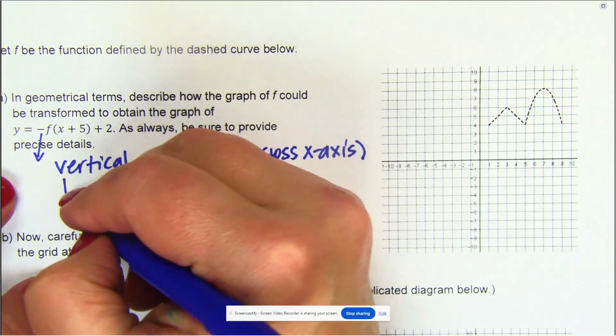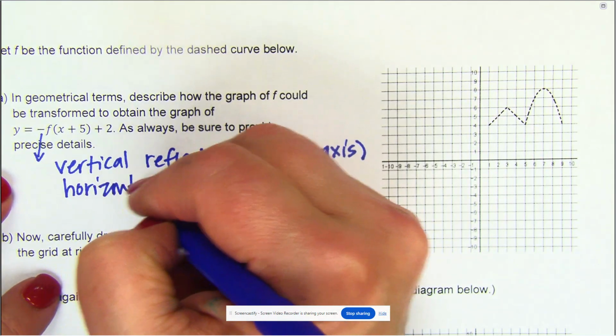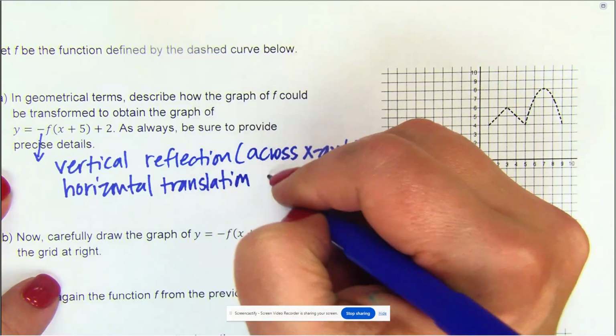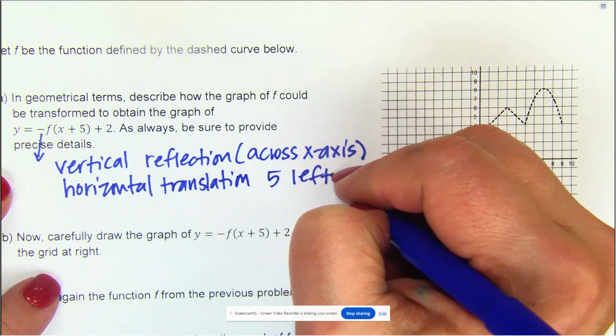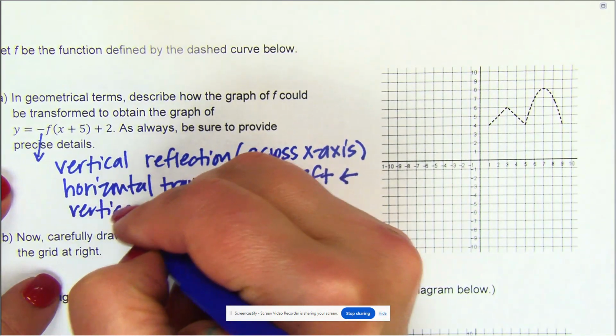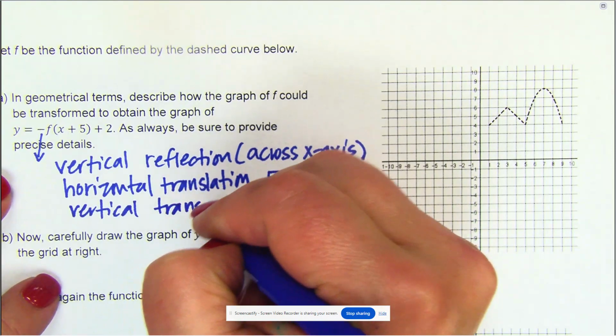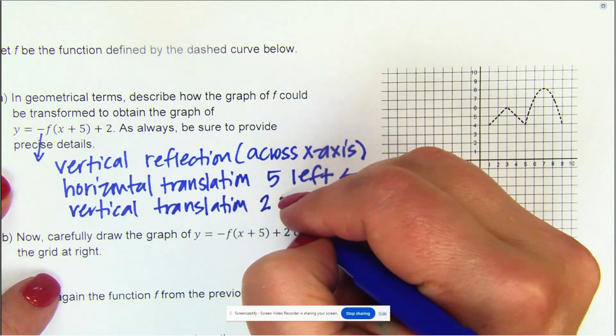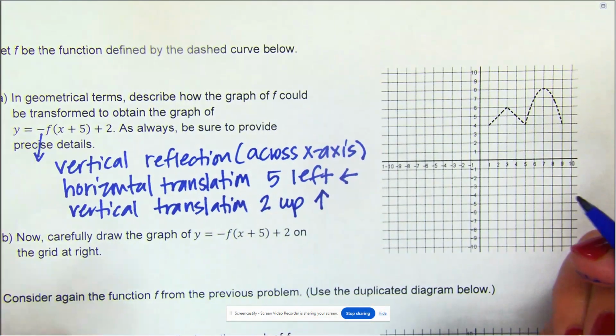Plus 5 is a horizontal translation, 5 left, right? And then the plus 2 is a vertical translation, 2 up, okay?